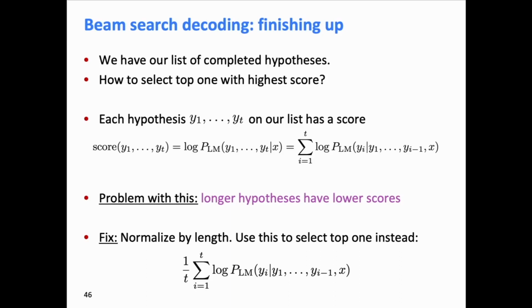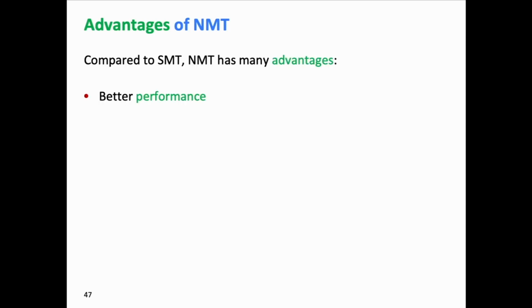Okay. So we now understand how you would train an NMT system and how you would use your trained NMT system to generate your translations using, let's say, beam search. So let's take a step back and think about what are the overall advantages of NMT in comparison to SMT. So the first advantage is just better performance.